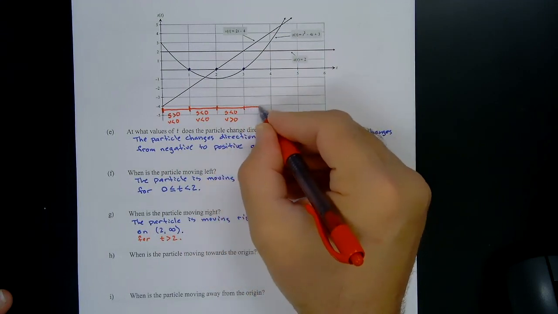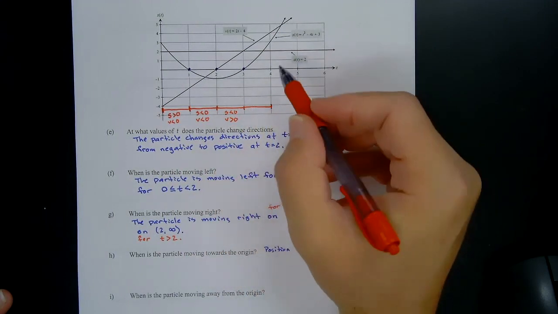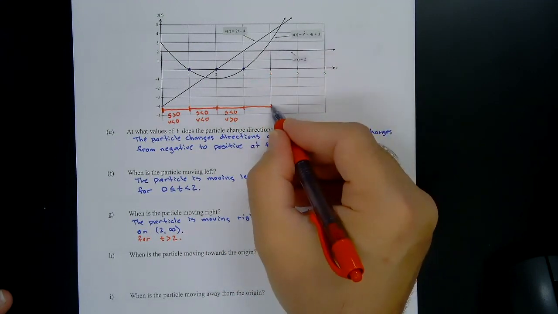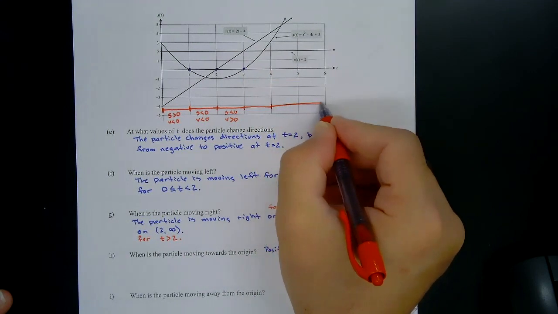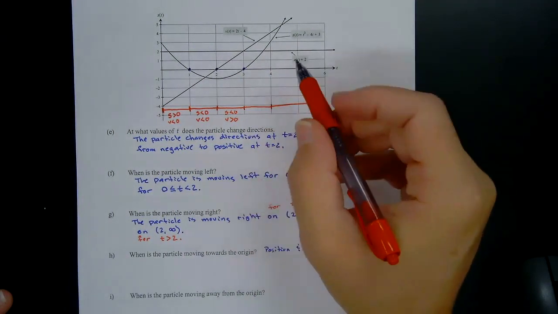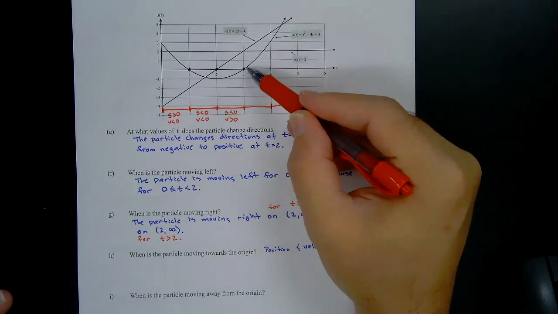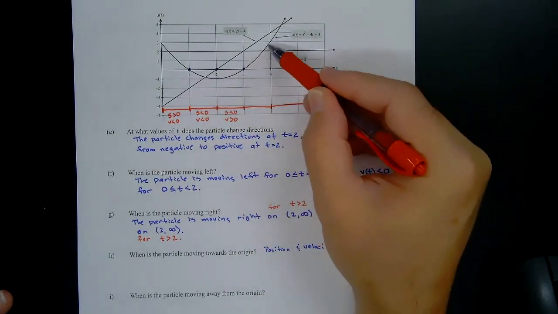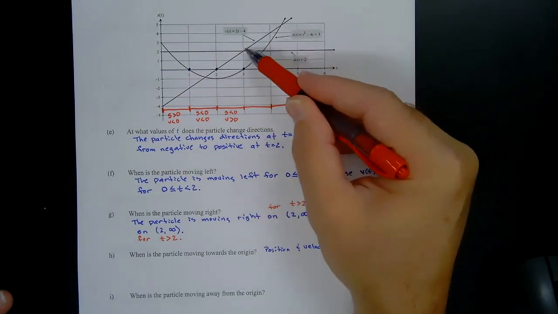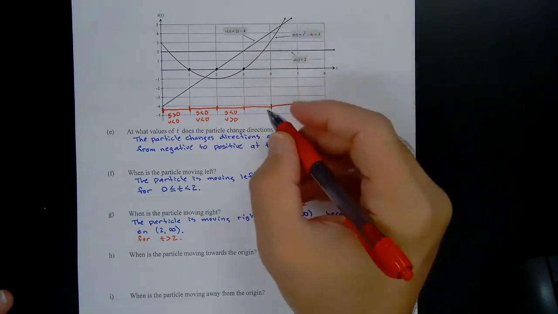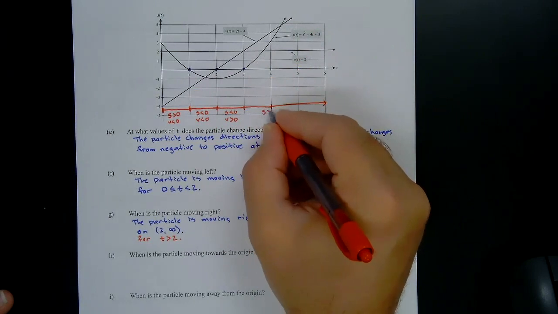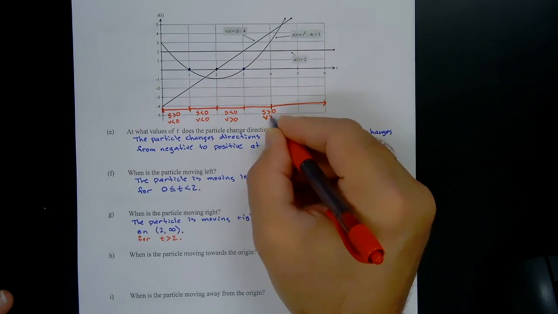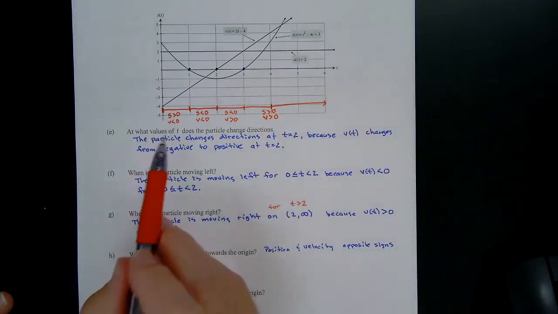And from 3 on, I know my position is positive because I'm above the t-axis, and my velocity is positive from there on out. So s is greater than 0 and my velocity is also greater than 0. Let's interpret what this means.